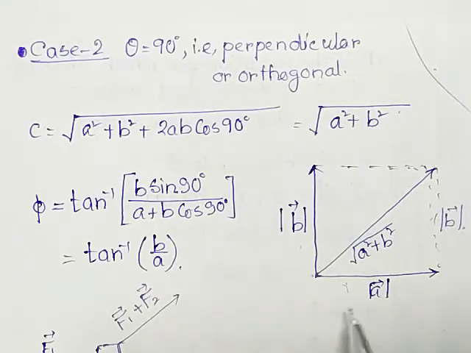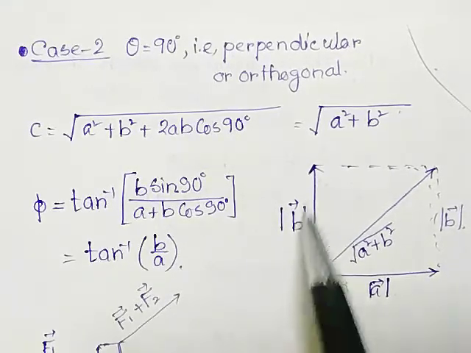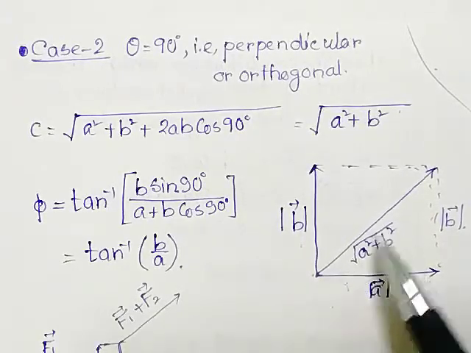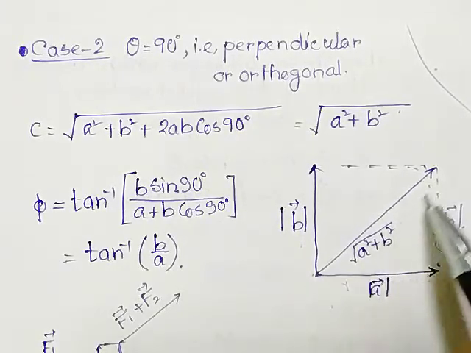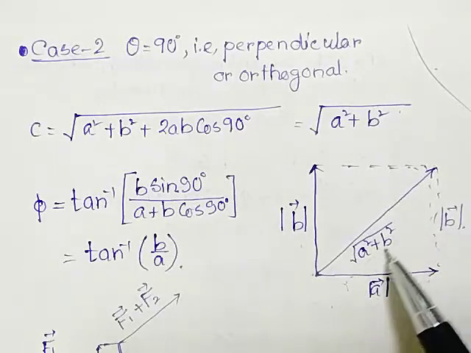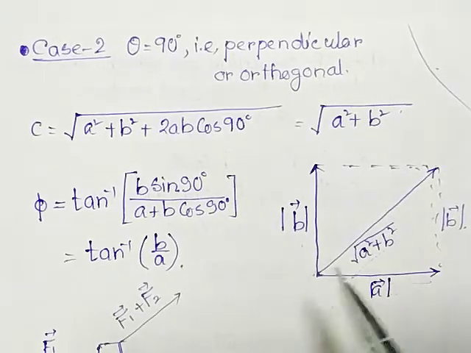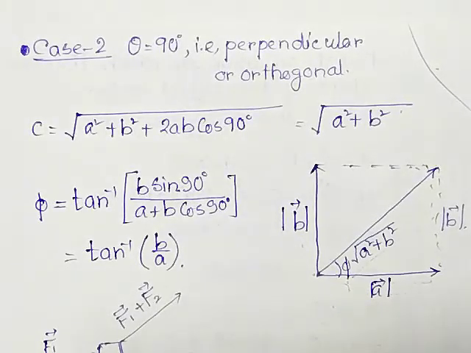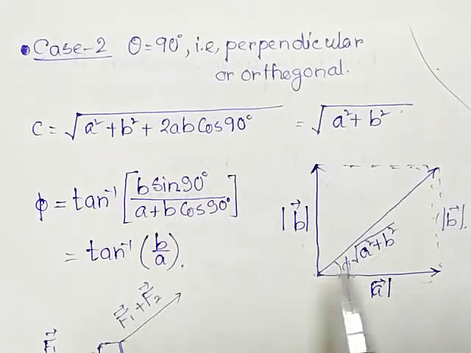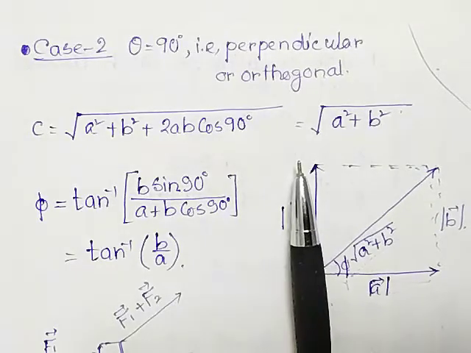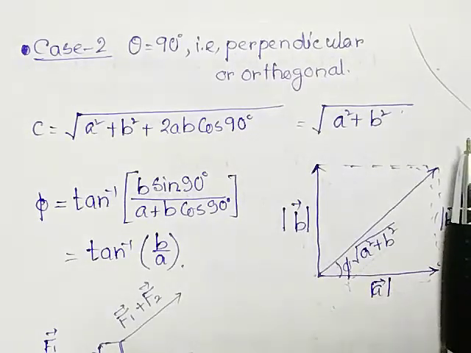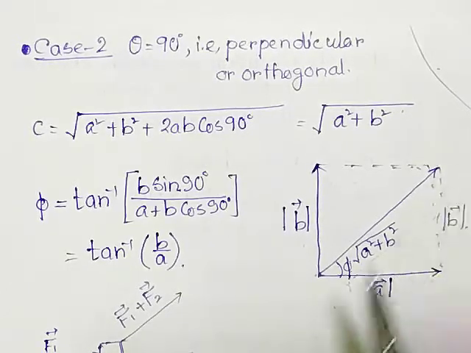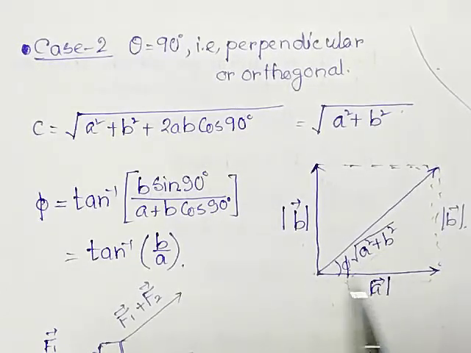Just look at this diagram. A and b are orthogonal. So the magnitude c is root over of a square plus b square, and the angle phi is here. What is phi? Phi equals tan inverse b by a. If I take b here, this is the perpendicular and this is the base.